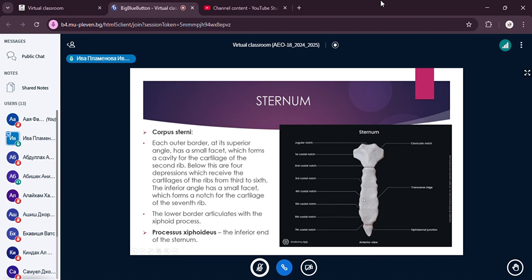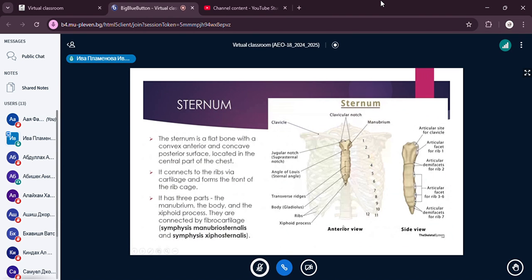And of course, you can see here, again, semi-facet for the seventh rib. From third to sixth, we have full facets. For second and seventh rib, we have semi-facets. It looks like this on the vertebrae, on the thoracic vertebrae.